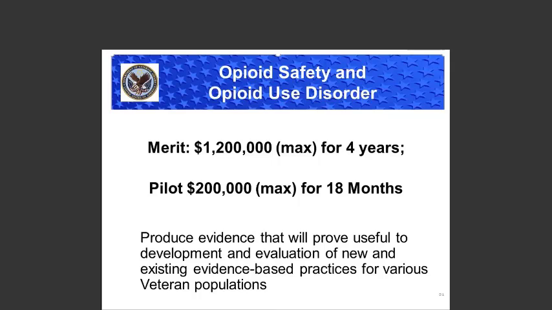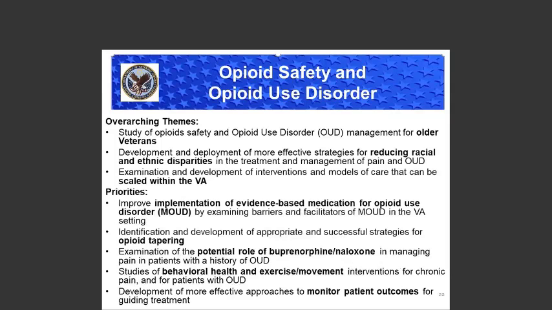Next slide, please. So the overarching themes of this RFA are to study opioid safety and opioid use disorder management for older veterans, develop and deploy effective strategies for reducing racial and ethnic disparities in the treatment, and examine intervention models of care that can be scaled within the RFA.